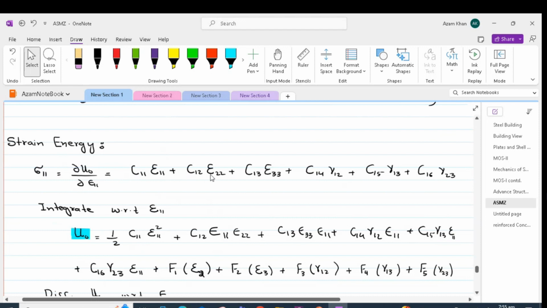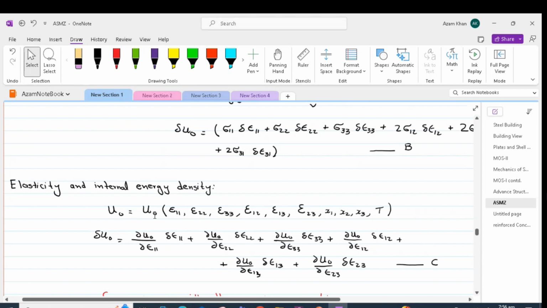The other epsilons are constant with respect to the integral over epsilon 11, and therefore they appear in the other expressions. Since this is the integration of a partial derivative, we have to add the other remaining constant.